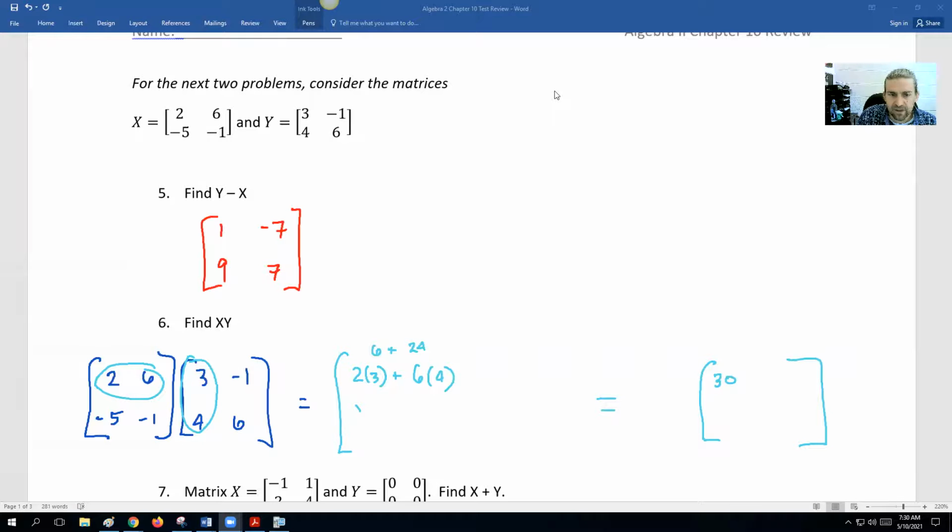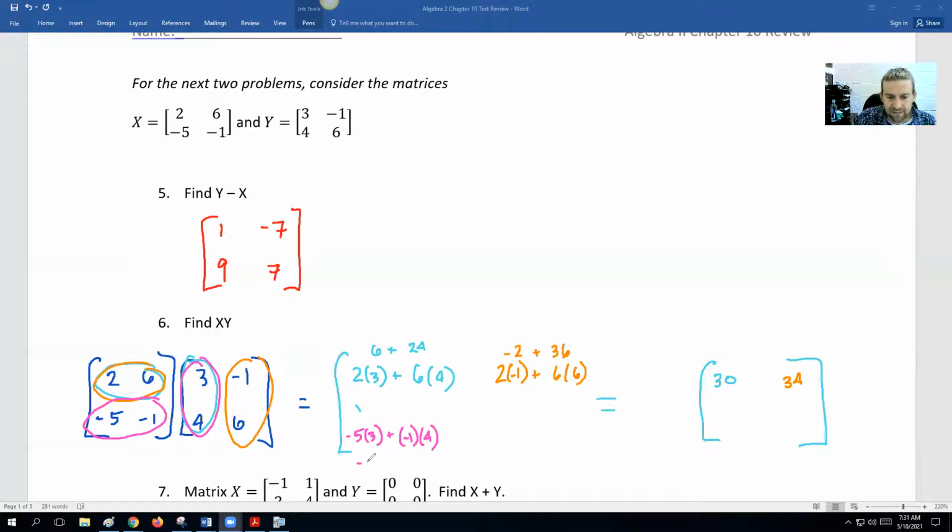We're going to keep that process going here. We're going to do row 1 by column 2. So we got 2 times negative 1 plus 6 times 6. So that's negative 2 plus 36. That'd be 34. Then we're going to do row 2 by column 1. So negative 5 times 3 plus negative 1 times 4.